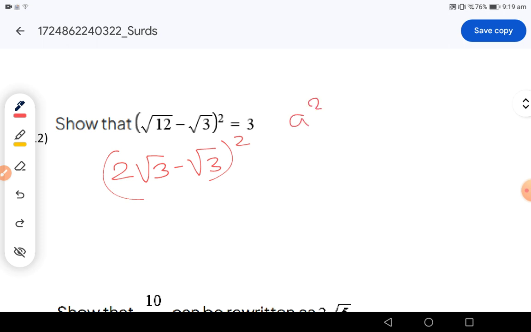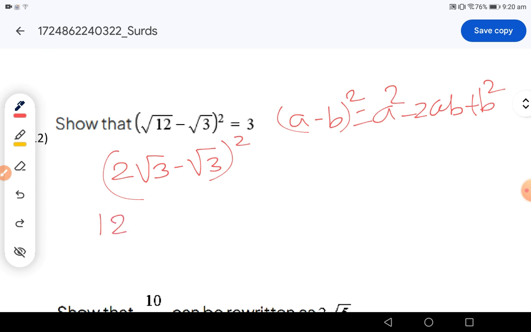A square. (a minus b) whole square is a square minus 2ab plus b square. So a square is 2 into 2, 4, 4 into 3, 12. 12 minus 2ab, minus 2 into 2, 4, 4 into 3, 12.